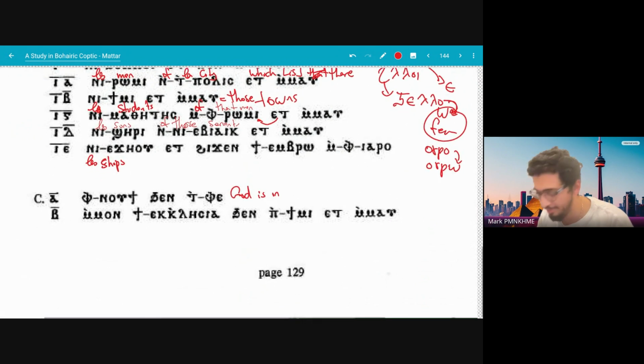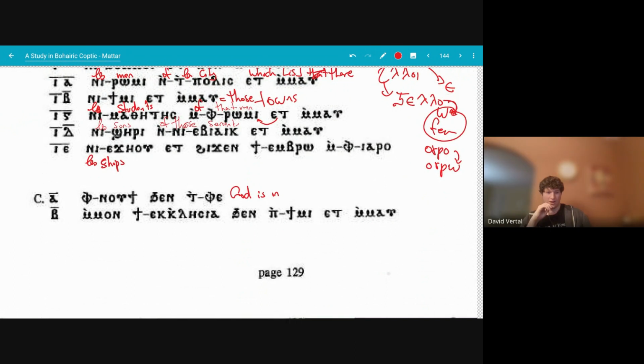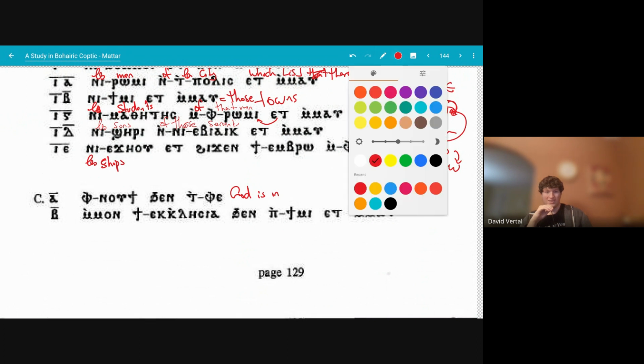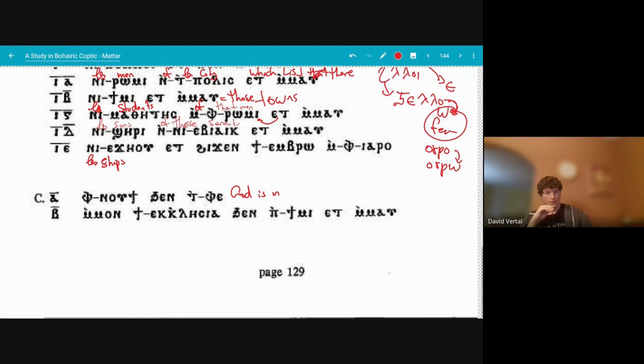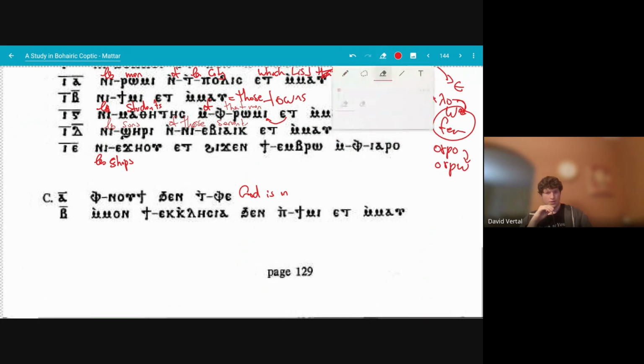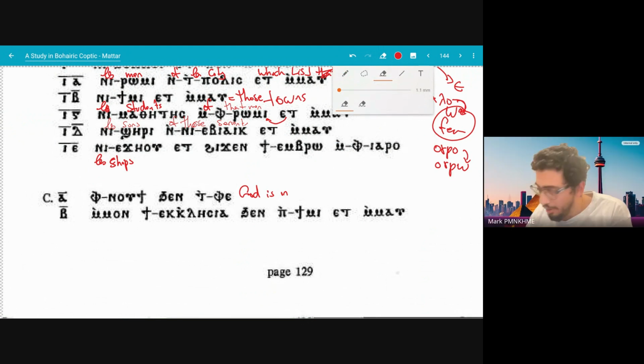Okay. I'll do the last one before you reload. Emon tiekdese chen ep timi etemao. Mhm. Is the T supposed to be there for Tia Ecclesia? Yeah. No. No. Wait.